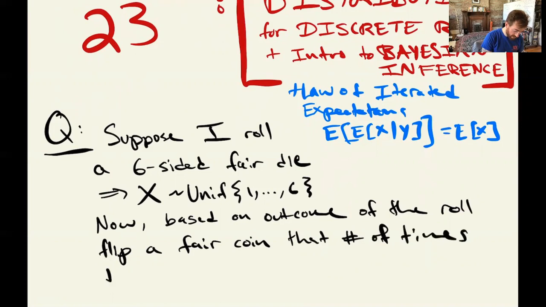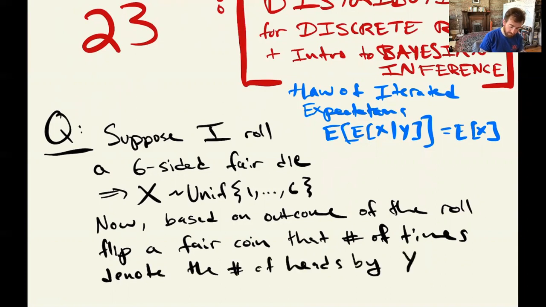So we're going to denote the number of heads by y. So again, there's some interaction between these two random variables. X doesn't really depend on what's happened with y, but we will learn some conditional information if we know something about the outcome of y.